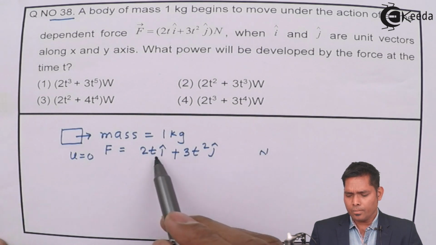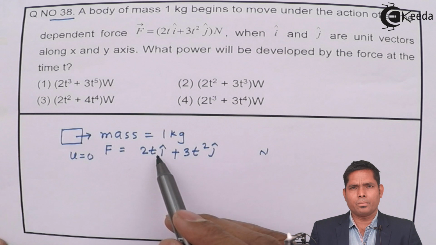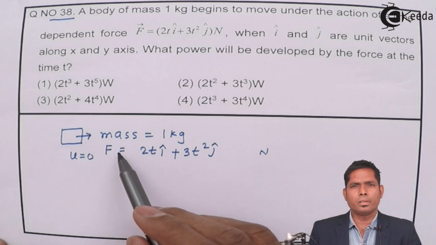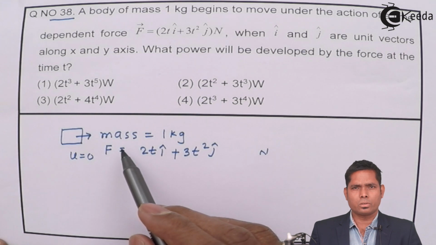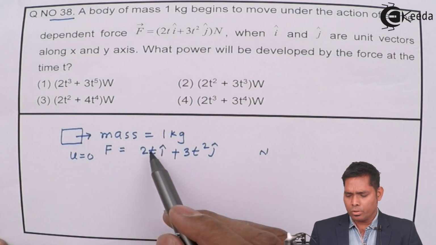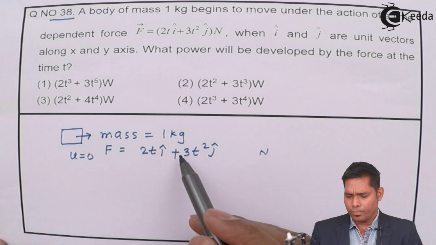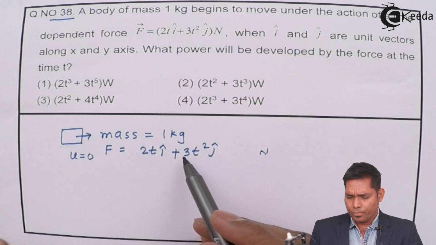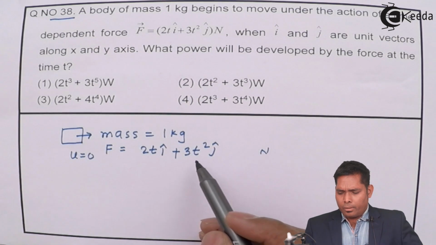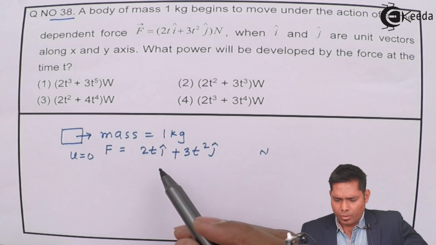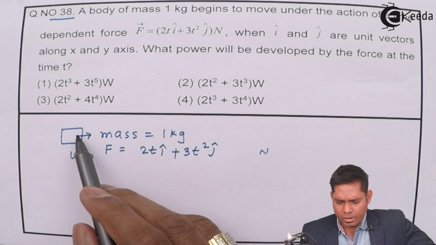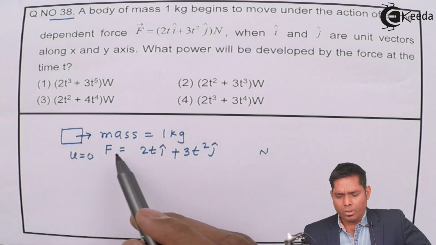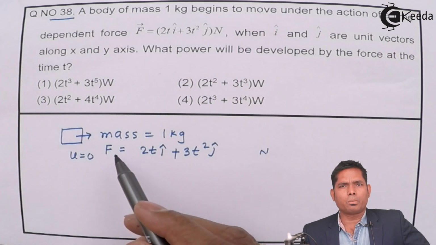As you can see here, as time increases, force will also increase. So this is not a constant force. At time t equals 0, the force is 0. That means if the force is 0, then I would say that initial velocity is not 0, because if initial velocity is 0 and force is also 0, the body will never move.